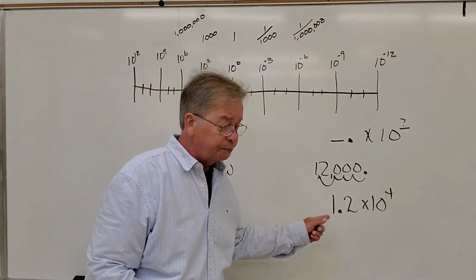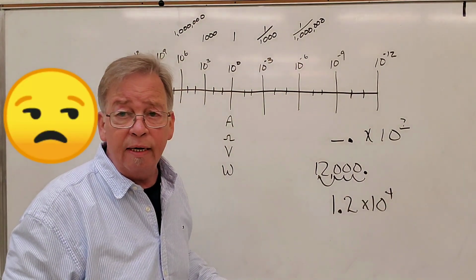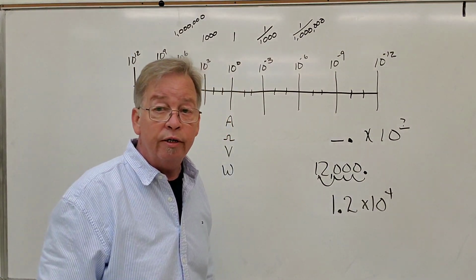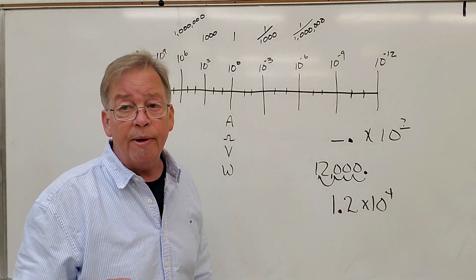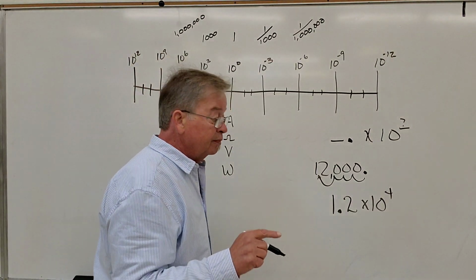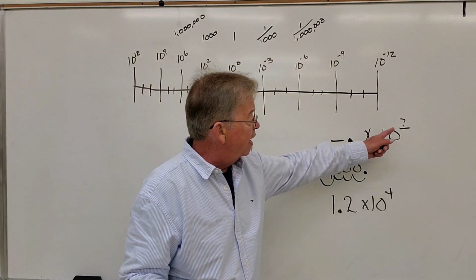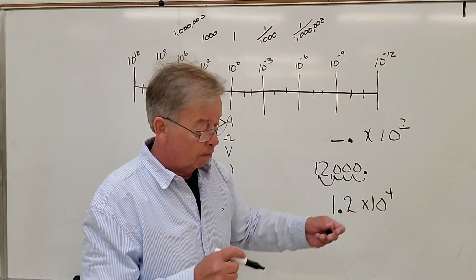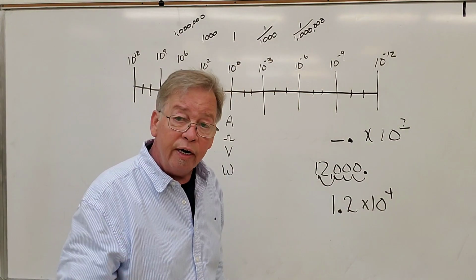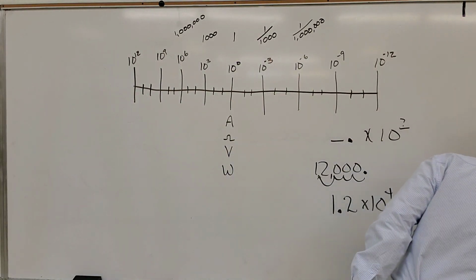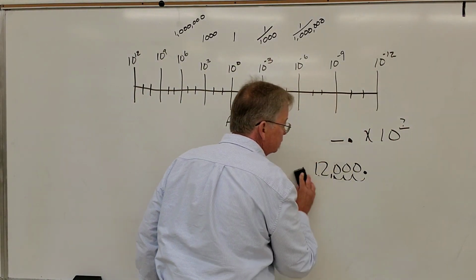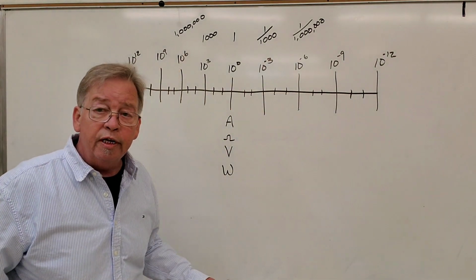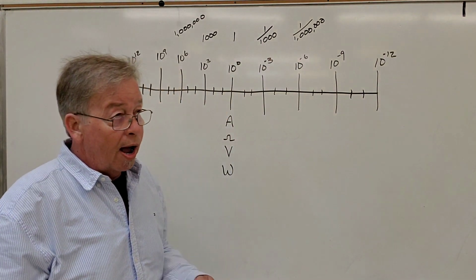Okay, well, that's all fine and dandy, but we don't use scientific notation. We use engineering notation. Now, what's specific about engineering notation is the exponent. See here, the exponent can be anything. It's where the decimal point ends up. Well, with engineering notation, it's all about what the exponent is, and who gives a darn how many digits?